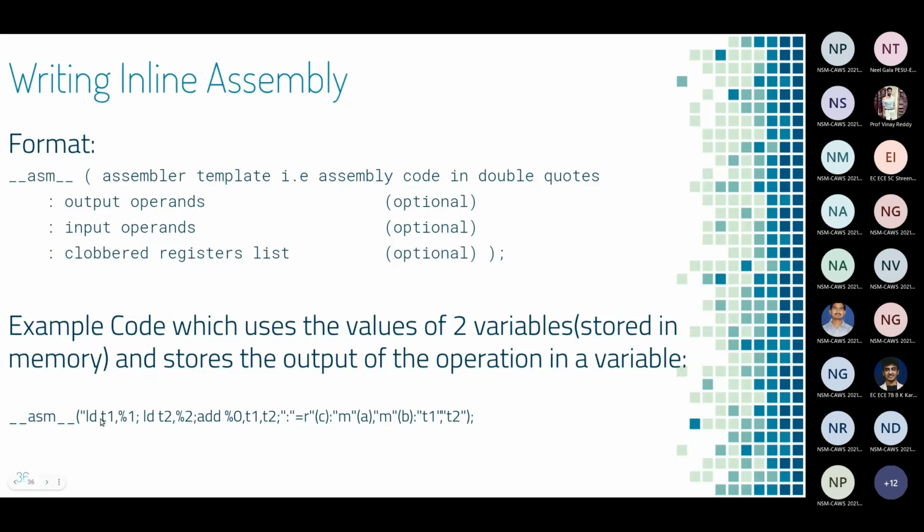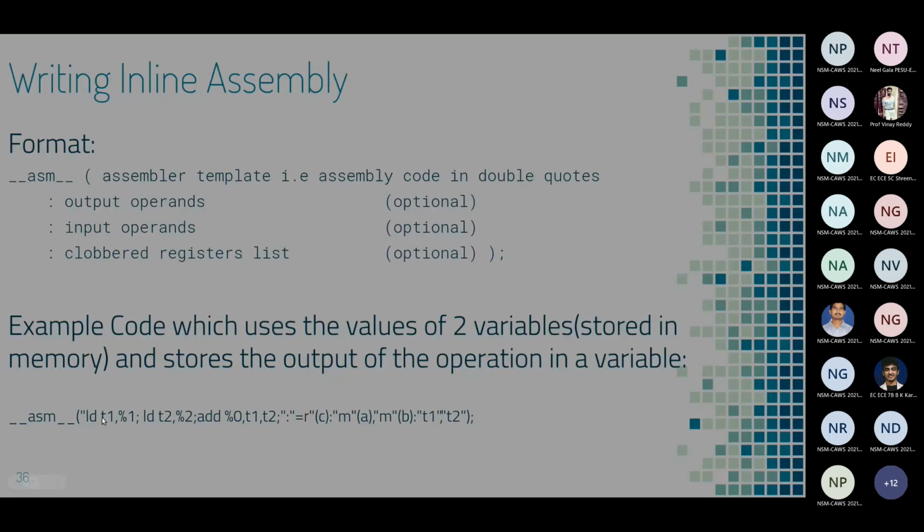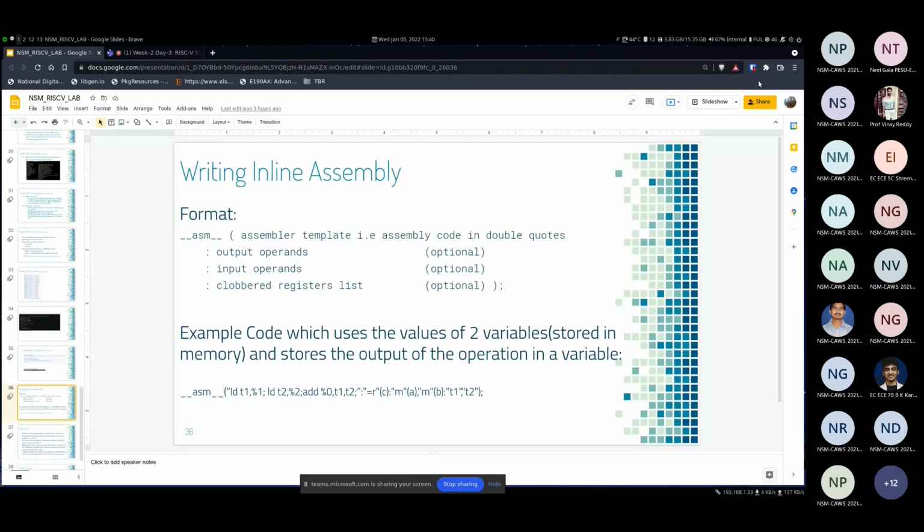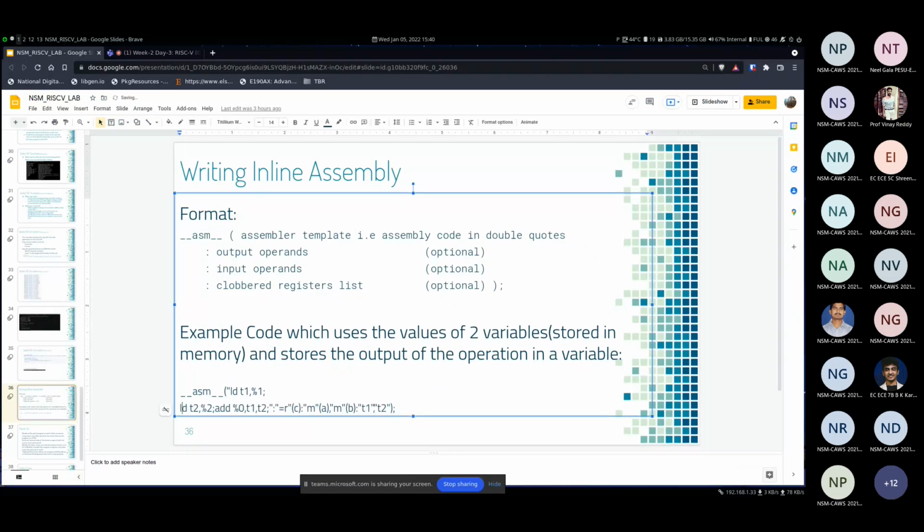So let's take a look at example code which uses the values of two variables. Both the variables are stored in memory, and it stores the output of the operation in a different variable, right? So if you look at this particular assembly sequence, I hope this is more readable.